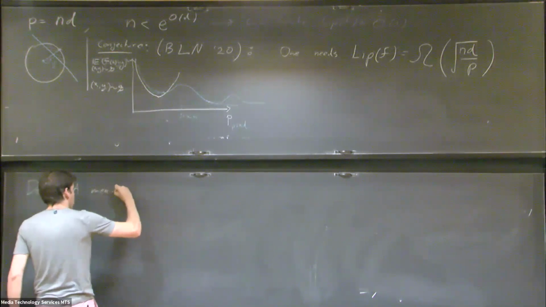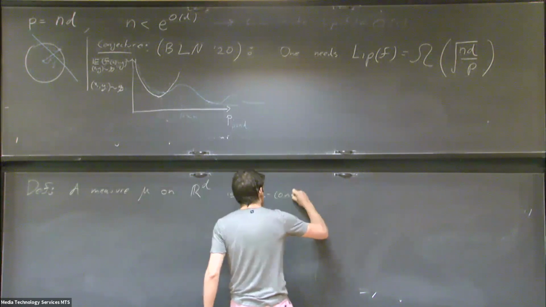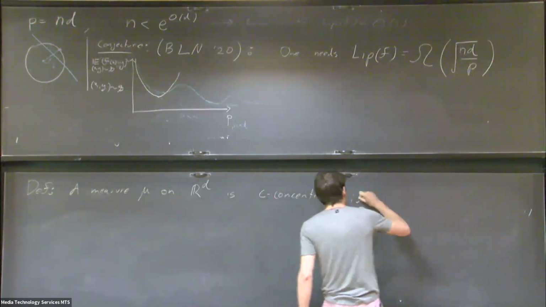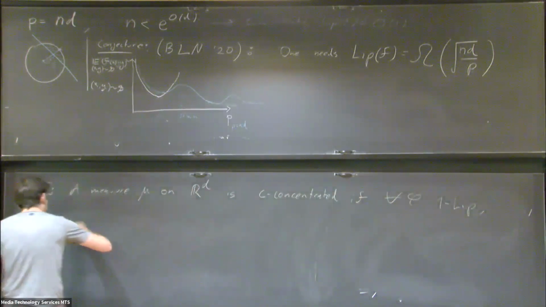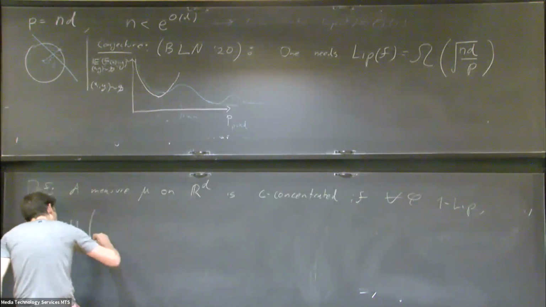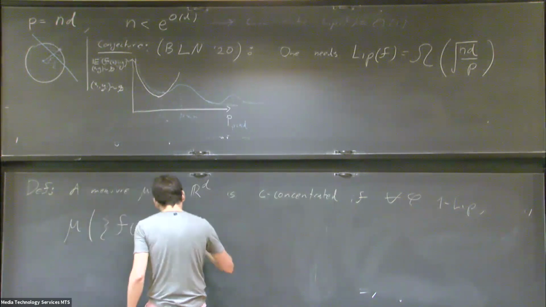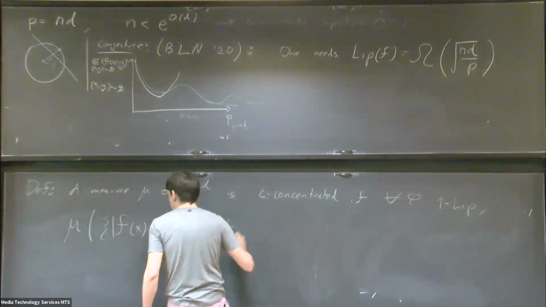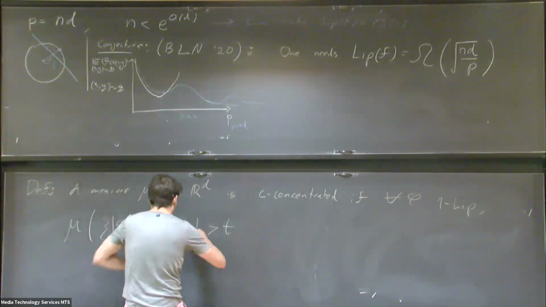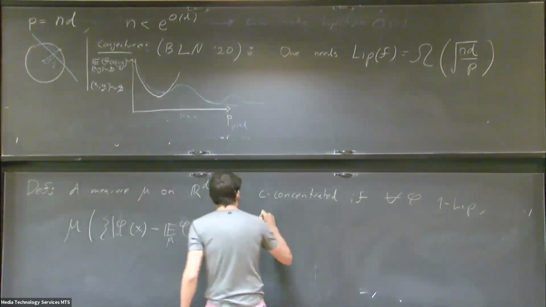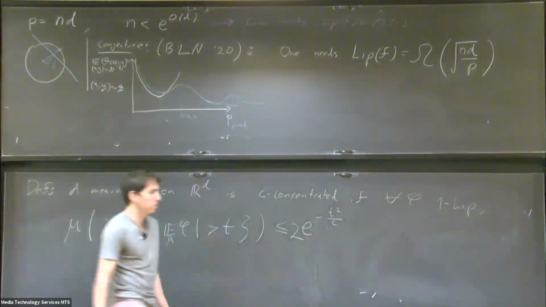A measure mu on R^d is C-concentrated if for every one-Lipschitz test function F, the measure of the set where F differs from its expectation by at least t is at most e to the minus t squared over c. Let's put a 2 here. It doesn't matter so much.